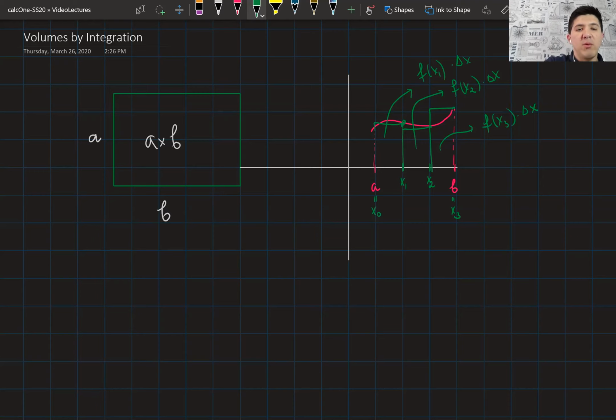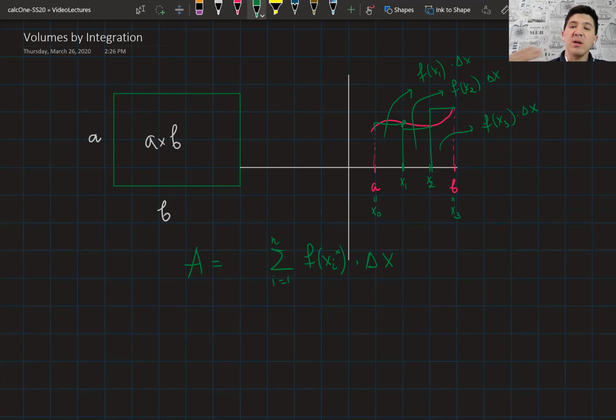In general, we wrote down that the area is the summation of f of xi star multiplied by delta x. I put a star because the sample point x is different depending on which one we choose. This gives us roughly the area, and we know that we can get a more precise answer if we increase the number of rectangles. If instead of taking 3 rectangles we take 6, our result is going to be better.